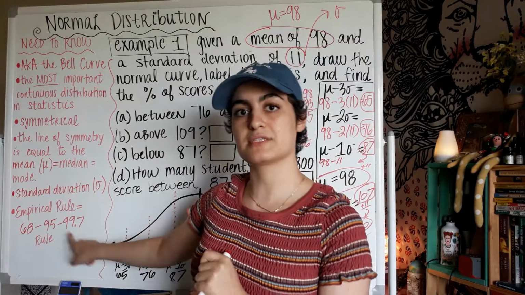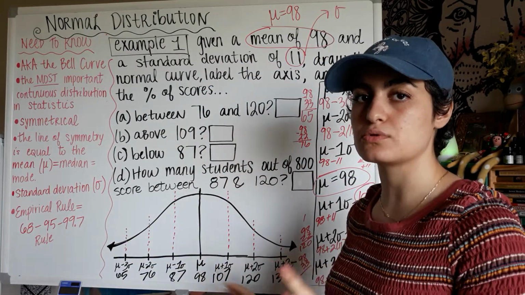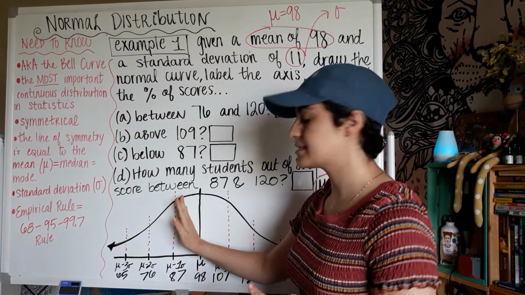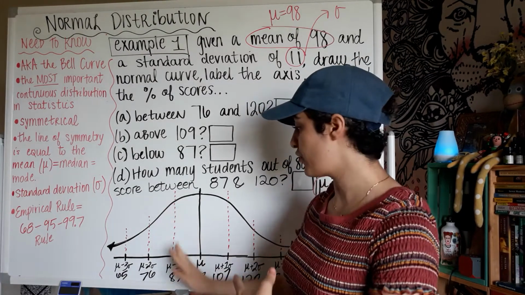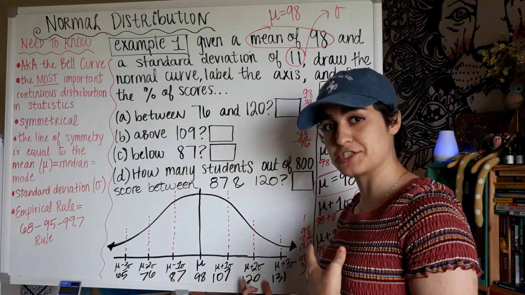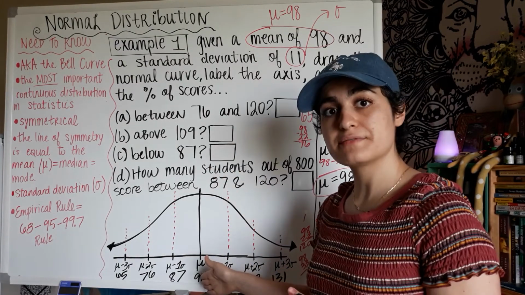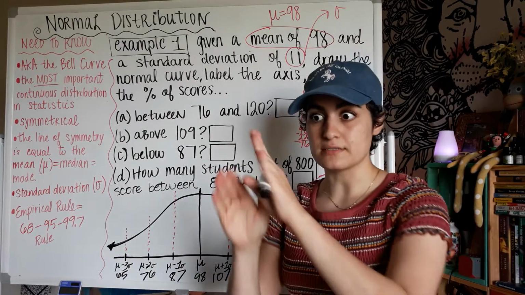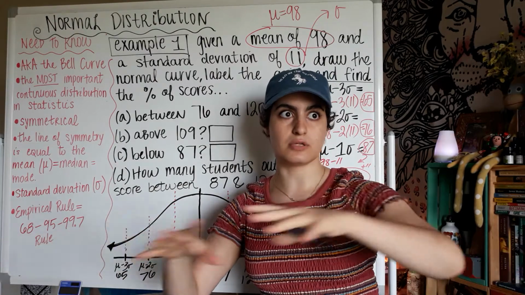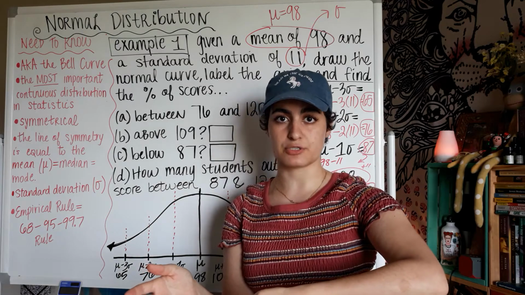Now I want to talk about the 68, 95, 99.7 rule, the empirical rule. The empirical rule tells us the percentage of data that falls in between these ranges. So since the line of symmetry cuts the whole diagram in half, any diagram gets cut in half by the line of symmetry.